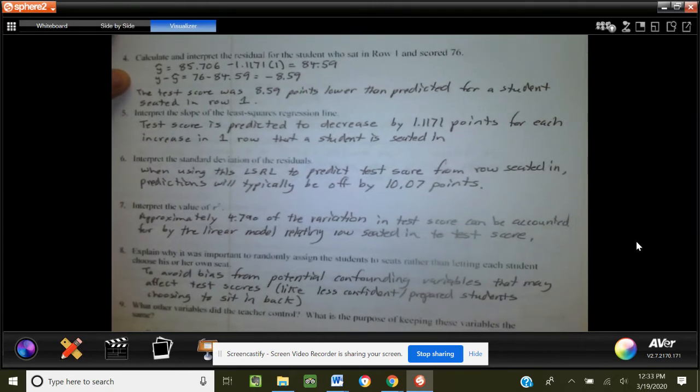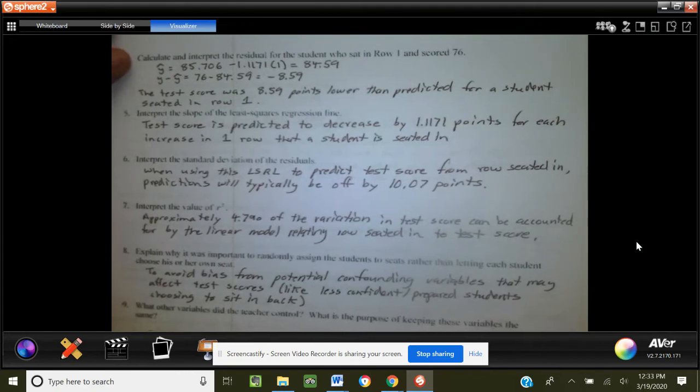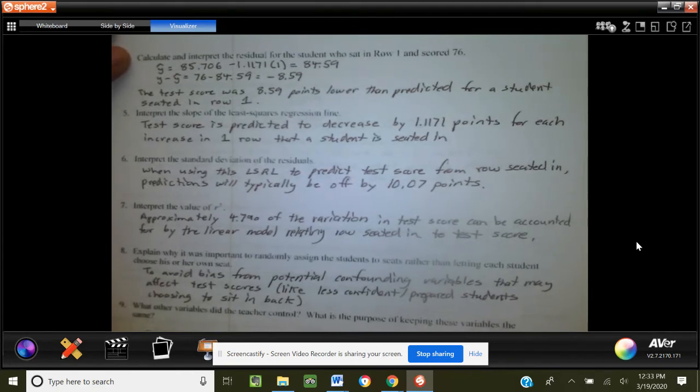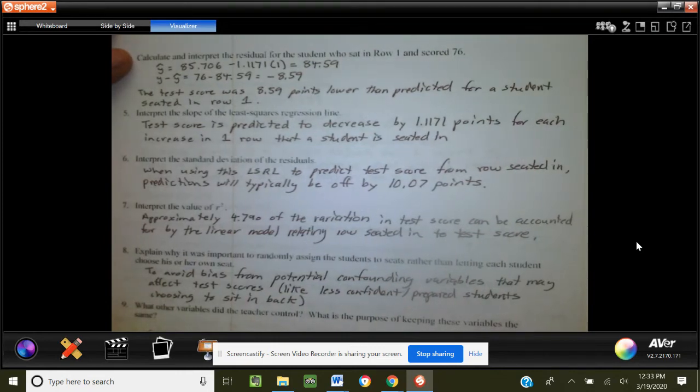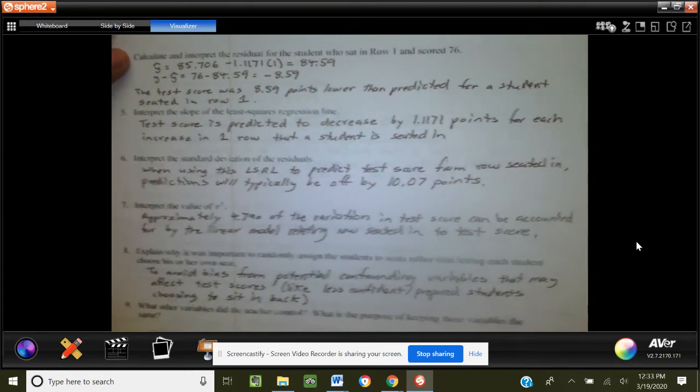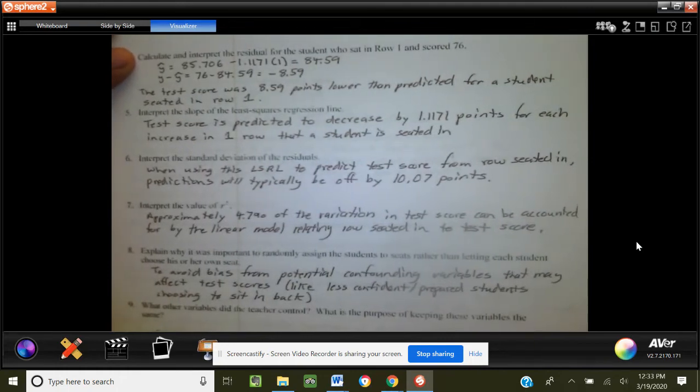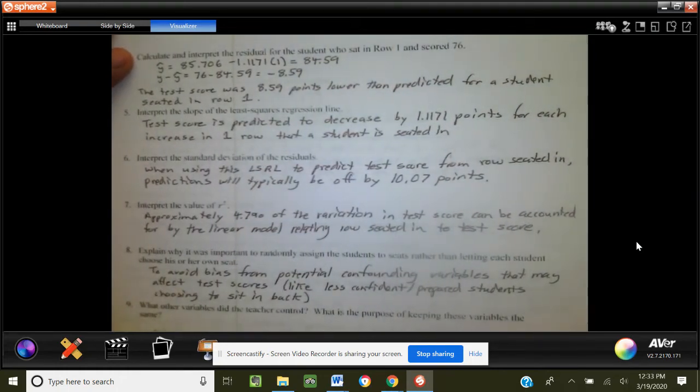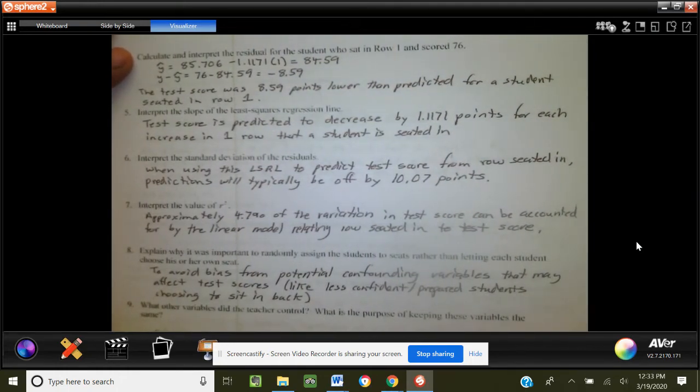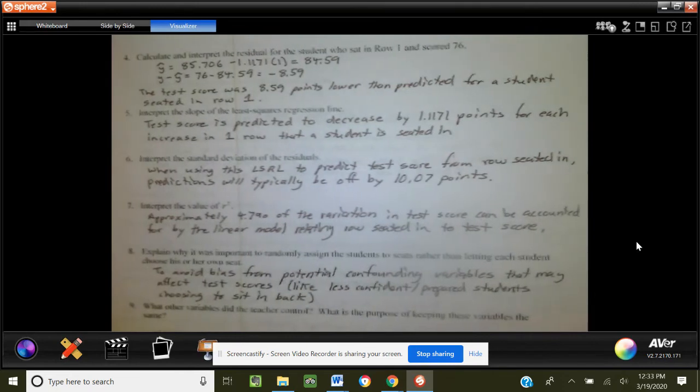Then when we get to number 8, explain why it was important to randomly assign the students to seats rather than letting each student choose his or her own seat. This is a review question as well. Randomization reduces bias, or eliminates bias. We're trying to avoid bias from potential confounding variables that may affect test scores.